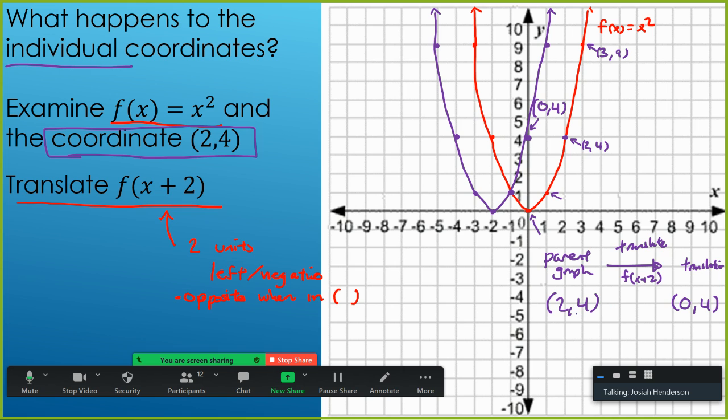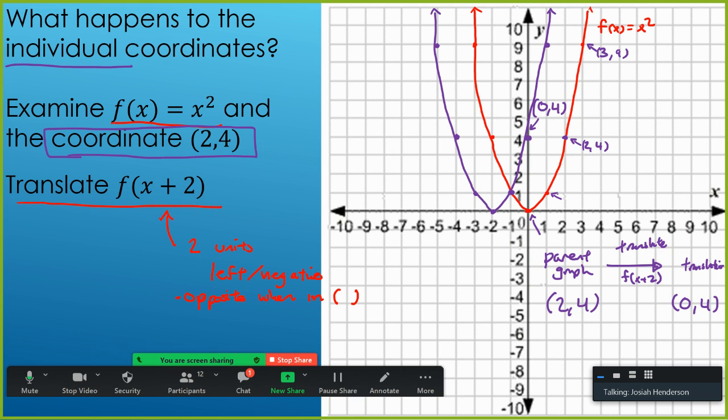Compare those 2 points. What is the same about 2, 4 and 0, 4, and what's different? Anyone willing to share your thoughts? I know you see it. Can you describe it? What is the same between these 2 points and what's different? I know you see something that's the same there.